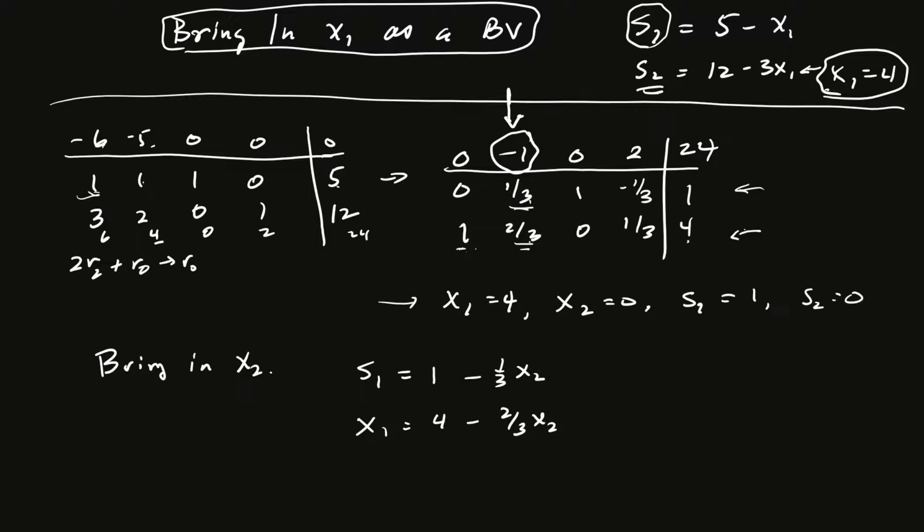And so the question is, which one of these gives me the smaller value? So in this case, x2 could be equal to 3. If x2 is equal to 3 in this one, oh, I could increase that even more, couldn't I? But I want the smaller of the two. So x2 equals 3 would actually work for this one. So we're going to take x2 to be 3, and that means that S1 then is going to be taken to be 0.